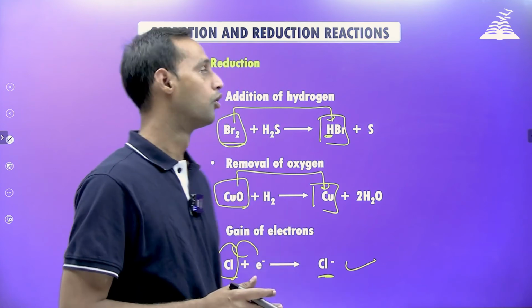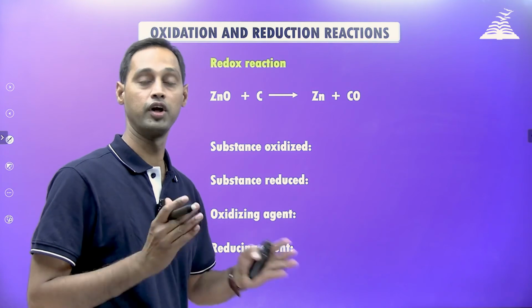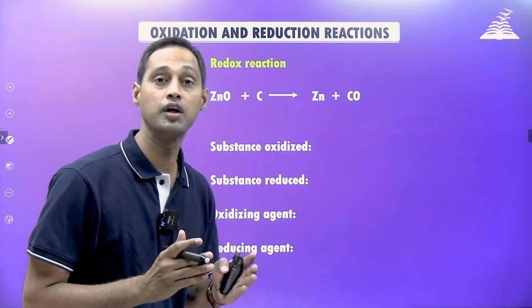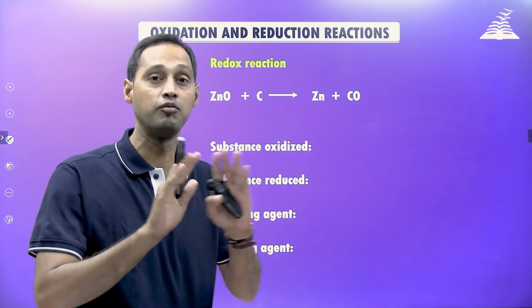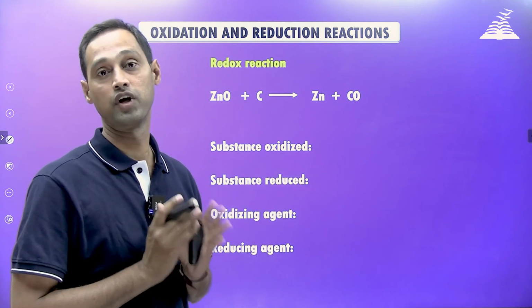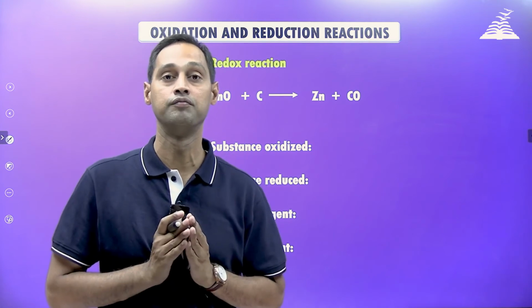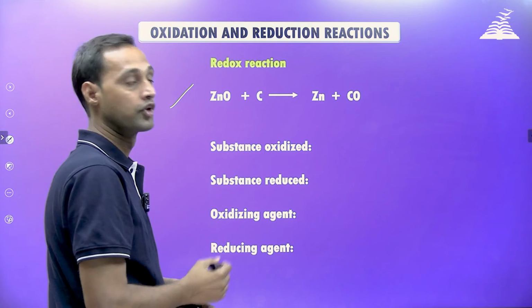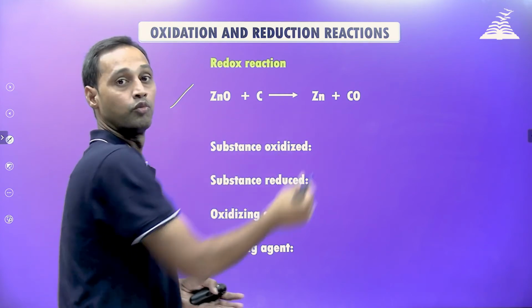Finally, we are moving to redox reactions. Very interesting. What is a redox reaction? A reaction in which both oxidation and reduction take place simultaneously. Let us take an example: zinc oxide reacting with carbon to give zinc and carbon monoxide.